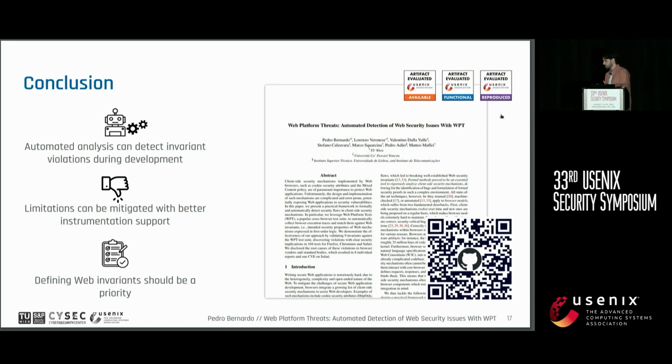It does have some limitations, but these can be mostly or totally mitigated with better support for instrumentation and introspection mechanisms by browser vendors. And finally, all of this only makes sense if we actually have and agree on a set of web invariants that we want to verify and enforce, and we still don't have this as a community, and this should be a priority.